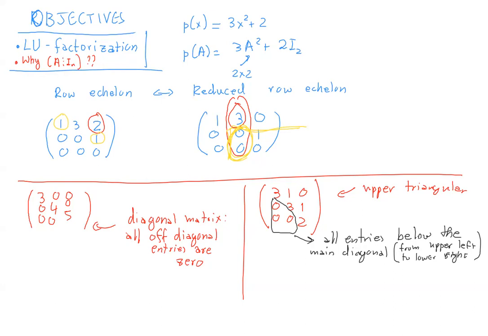And as you may guess, I'm going to also define lower triangular. So what is a lower triangular matrix? So this is lower triangular.